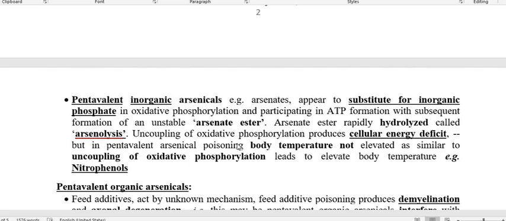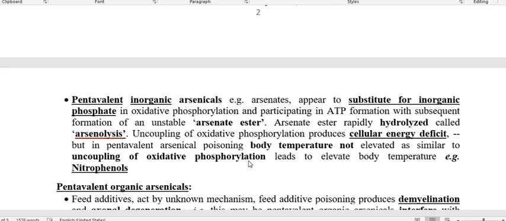So what is oxidative phosphorylation? It is a process in which inorganic phosphate combines with the electron in such a way that ATP gets synthesized. Because of the inorganic pentavalent arsenic, it gets uncoupled, or it forms the arsenate ester for some time, and therefore less ATP gets synthesized.